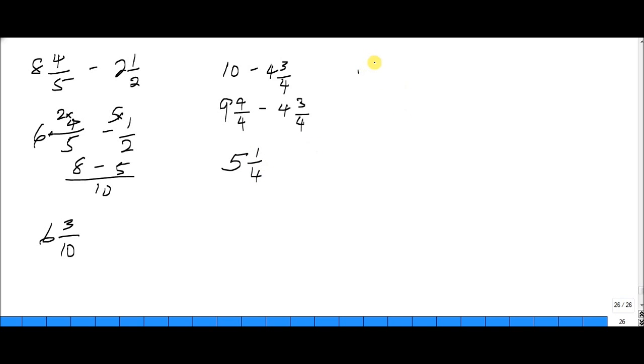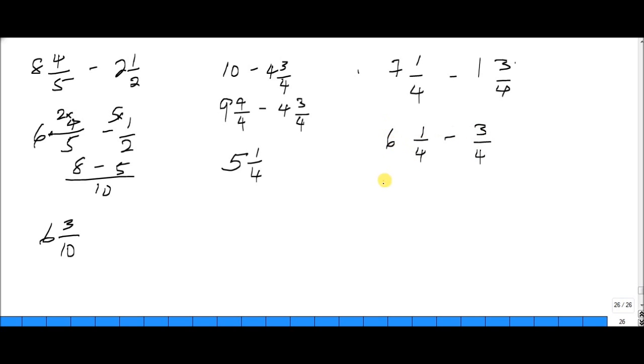They gave us another example, example C. We have 7 1/4 minus 1 3/4. So 1 from 7 would leave us with 6, and we have 1/4 minus 3/4. We have a problem here in that we can't take 3 from 1.